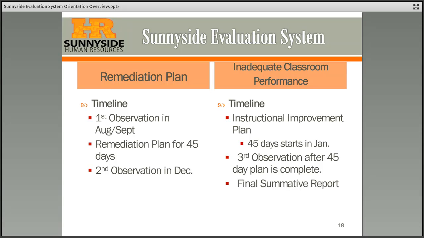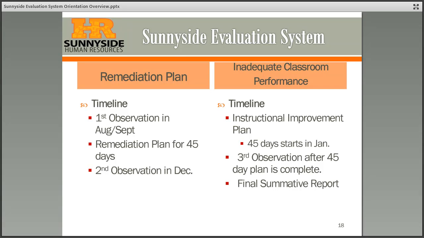The second formal observation will occur in December. If the teacher is still identified as ineffective, the next step is to place the teacher on an instructional plan of action, and they will be noticed with inadequate classroom performance. The timeline is very similar to the remediation plan.